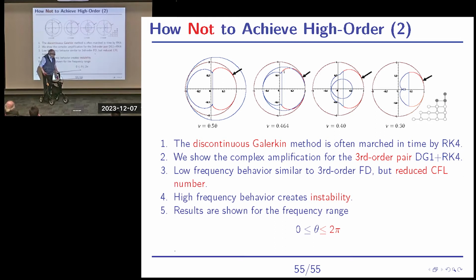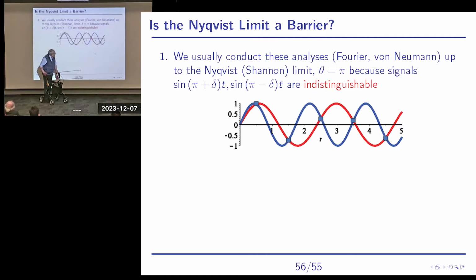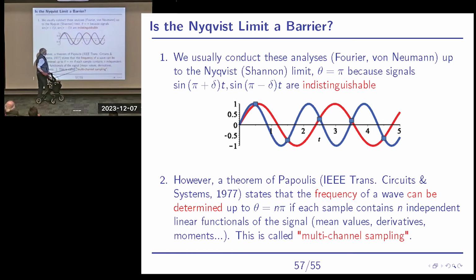Let's take the next slide. Because of the so-called folding frequency, sometimes called the Shannon limit or the Nyquist limit, if you have 2 signals, one of which has a frequency slightly bigger than pi, the other one slightly less than pi, then there will be places at which they coincide, and you don't know which one you're processing.